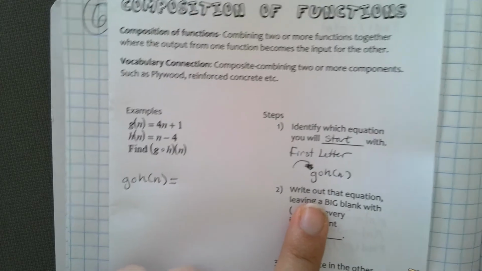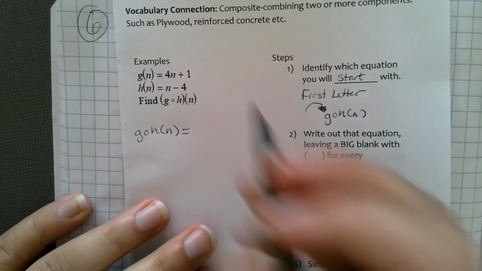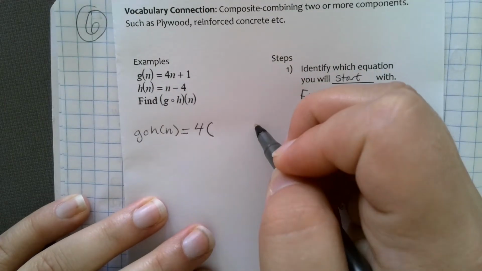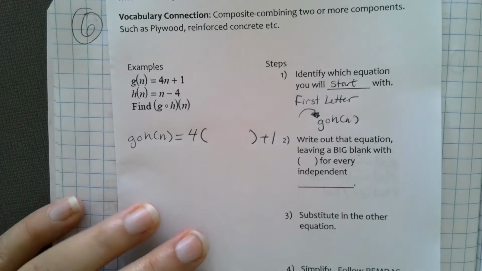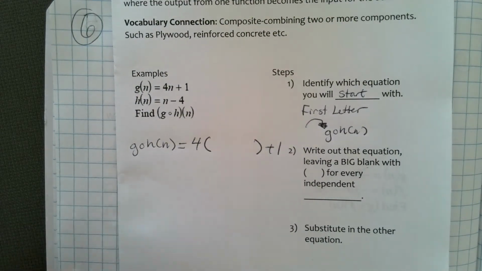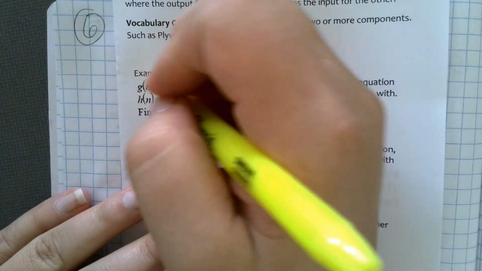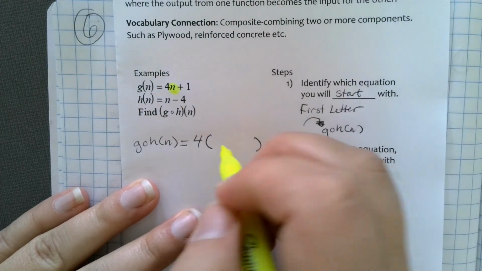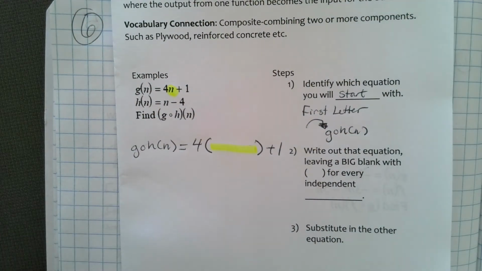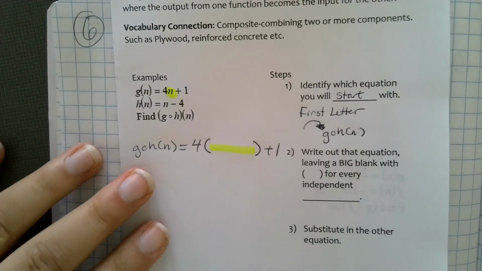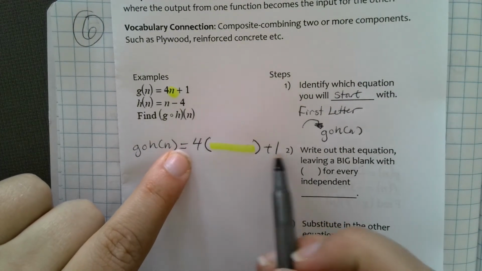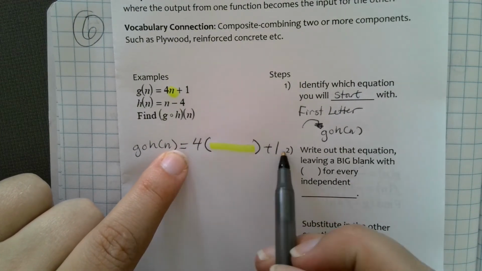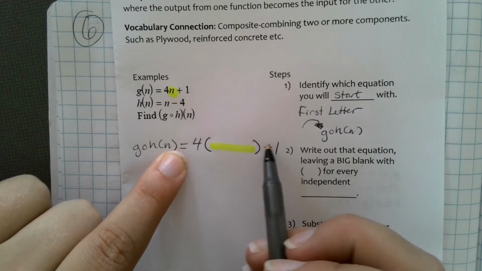Gap, blank, space. I don't care what vocabulary you use, but there should be a big fat space. I want to make sure that we're connecting what's happening right here. We took this equation where that n was, and we're leaving a big space instead. Notice, are there any n's on this side of the equal sign? There shouldn't be any at this step.